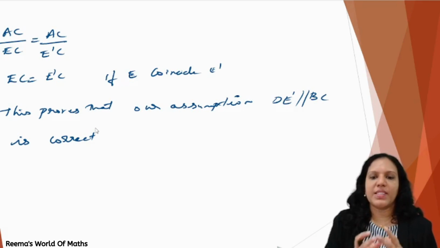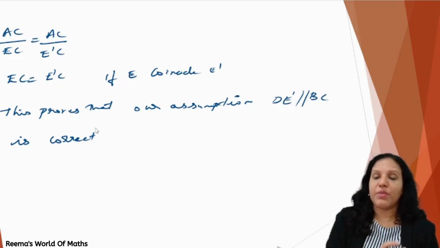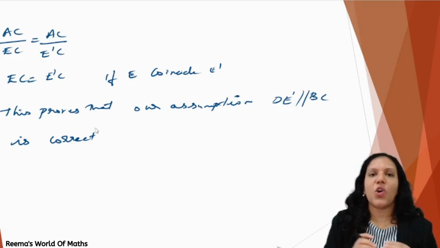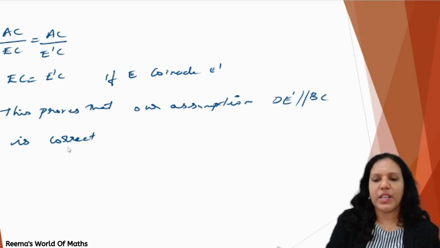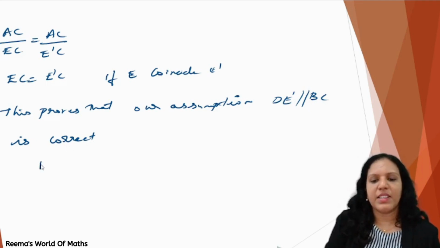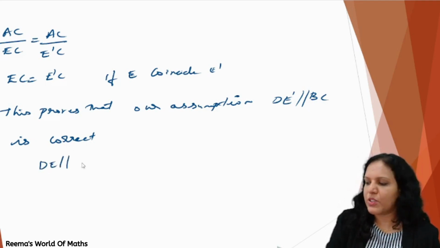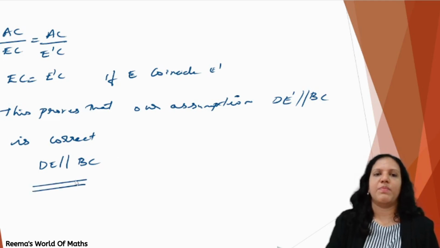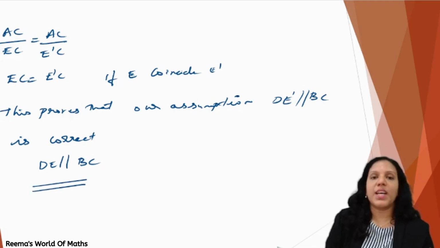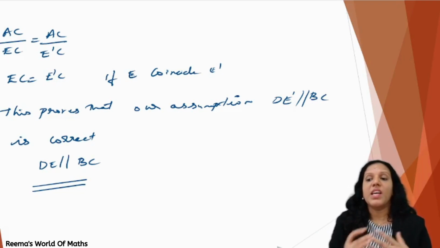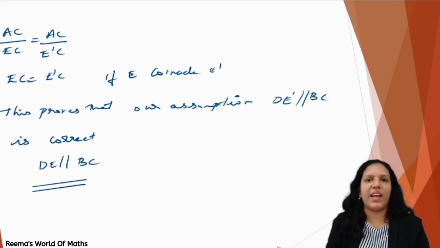So from here we find that EC is equal to E dash C and E is coinciding with E dash. So because E dash and E are coinciding, we can say DE is parallel to BC. Which proves that our assumption is correct, which means that DE is parallel to BC because E coincides with E dash.